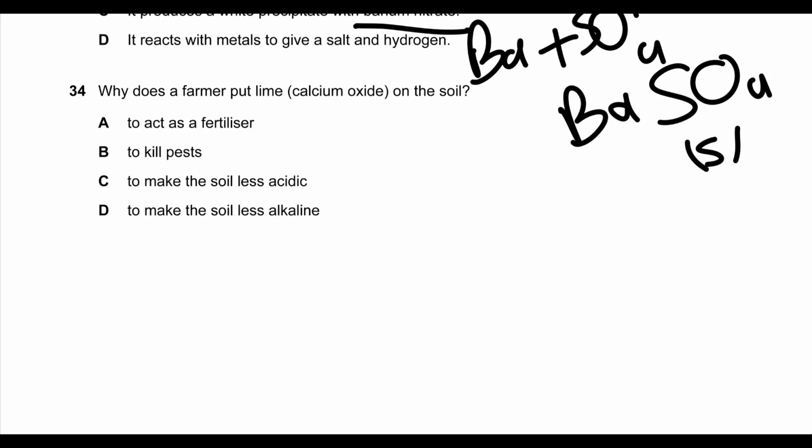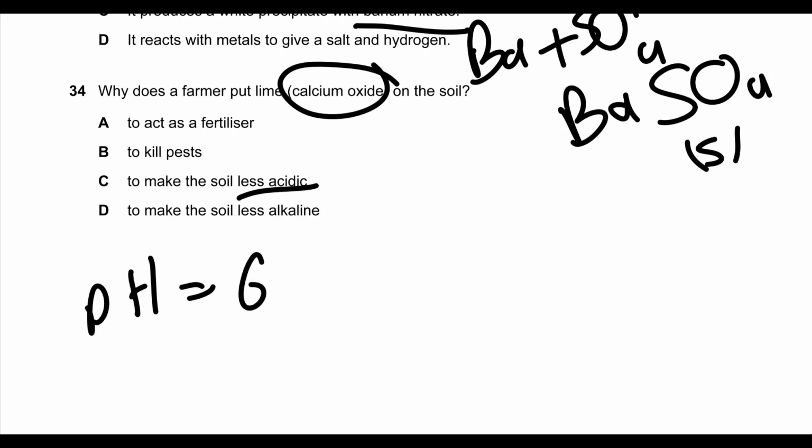Here, why does a farmer put lime, which is calcium oxide, on the soil? Calcium oxide is a basic oxide, so it makes the soil less acidic. That means the pH of the soil, for example, let's say before adding the lime it's 6, but when you add the calcium oxide, you will neutralize the soil, so it will be less acidic.